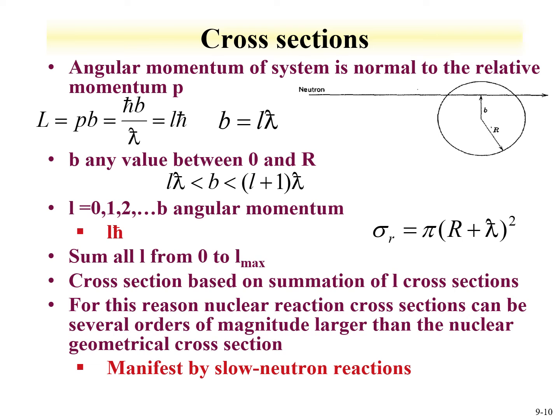We can evaluate the cross-section using the impact parameter and the system angular momentum along with the de Broglie wavelength, where this impact parameter can now be replaced by this quantum term, the angular momentum, and the de Broglie wavelength, the wavelength of the particle.